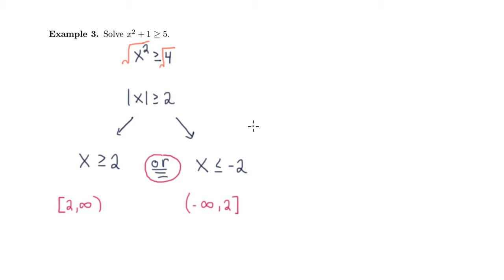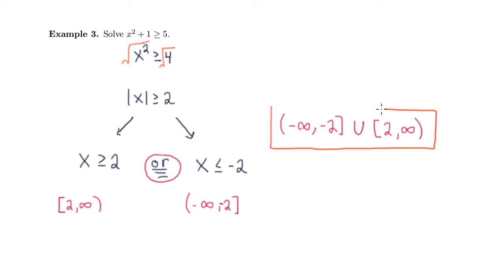With or, I'm actually going to take the union. So the solution set is going to be negative infinity to negative 2 union 2 to infinity. And you see that any number in this set, when I take the absolute value, will be greater than or equal to 2. So here's my solution set.